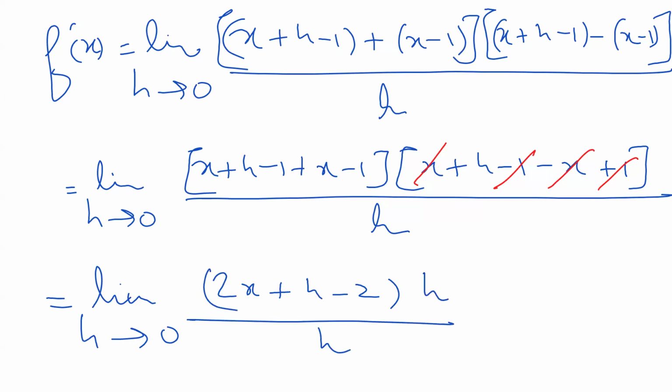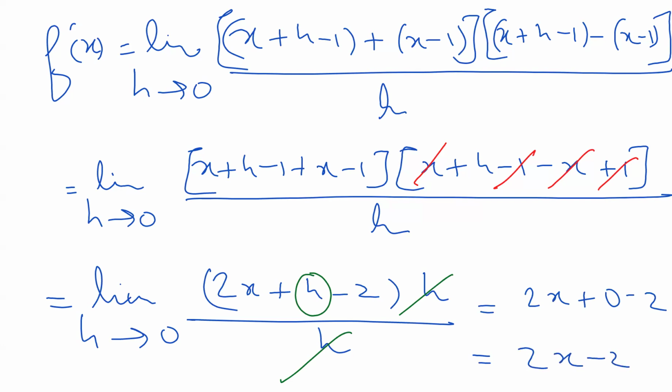So h will also get cancelled. Now put the value of h as 0. So this will be 2x plus 0 minus 2. So this will be 2x minus 2. That is the answer. f dash x is the derivative of f of x.